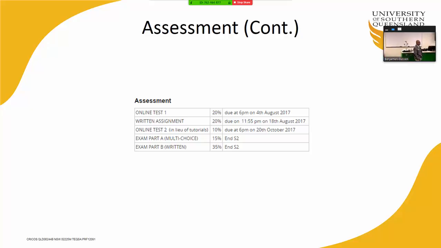So you can come and listen to tutorials, or you can listen to tutorials online, but there will be no marks. This is just for you to understand better and hopefully to get a better mark on the final exam. You have to do the second online test regardless of whether you are on campus or online. Is that clear? So what it says here in lieu of tutorials is not true anymore. That is not true anymore.